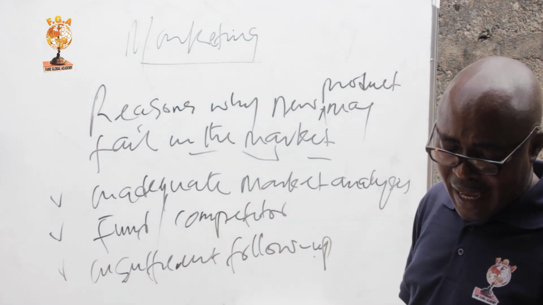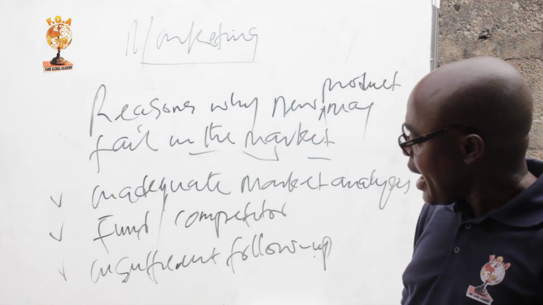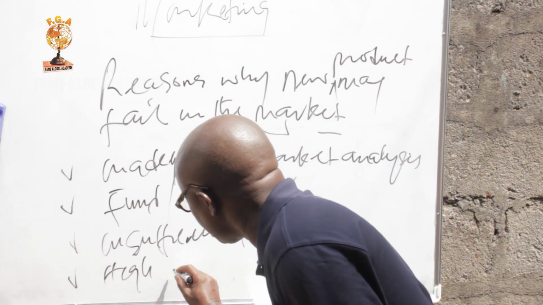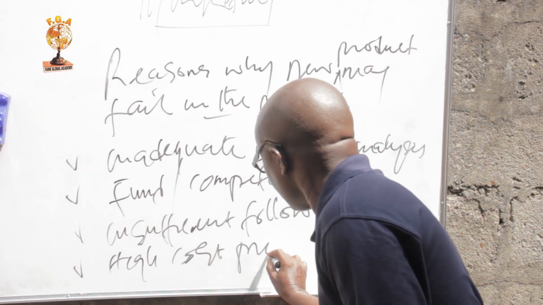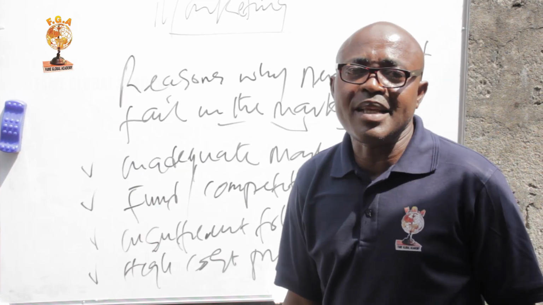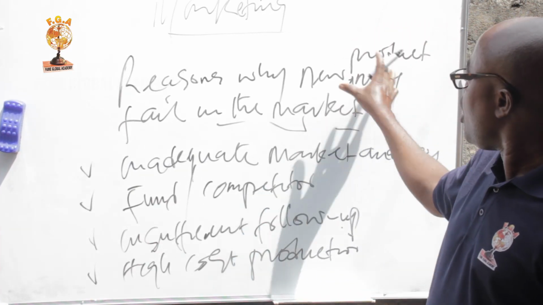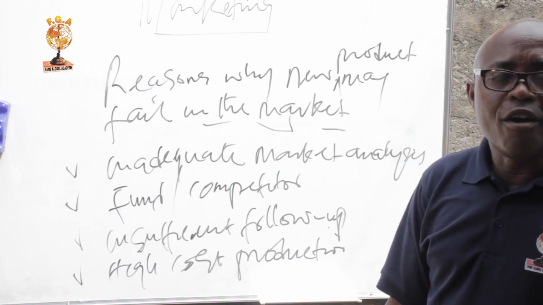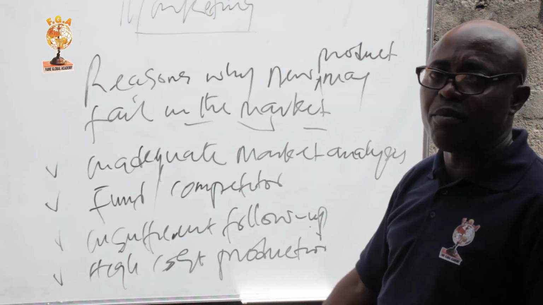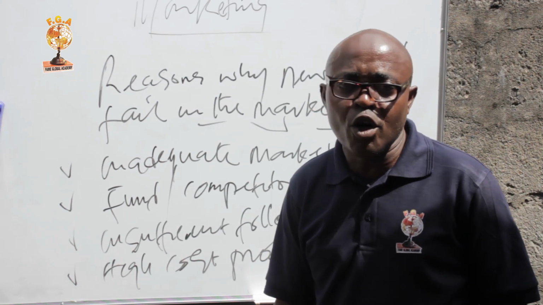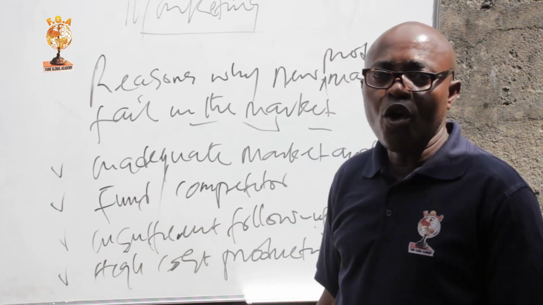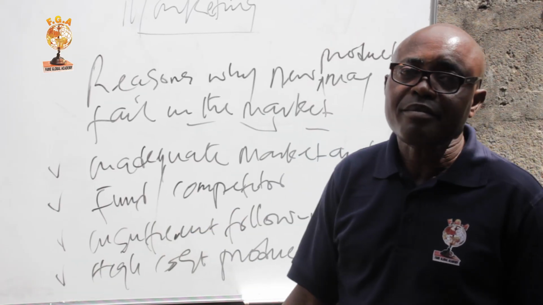Then the next one is high cost of production. Now most of the time, because of the high cost of production of this new product in the market, you as a producer are considering that this work has cost you so much money. In an attempt to sell this product, you want to recover your money.